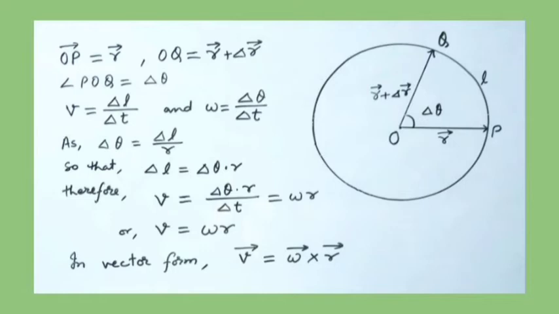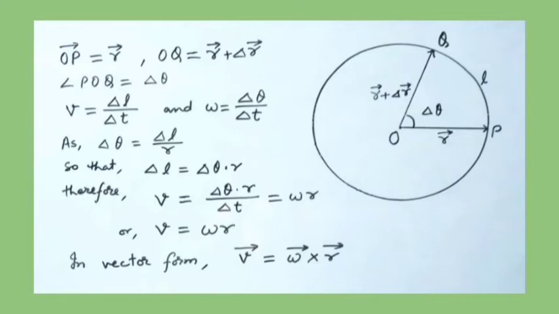The object is at point P at any time t, and at time t plus delta t it is at point Q, so that OP is equal to r, OQ is equal to r plus delta r, and angle POQ is equal to delta theta.